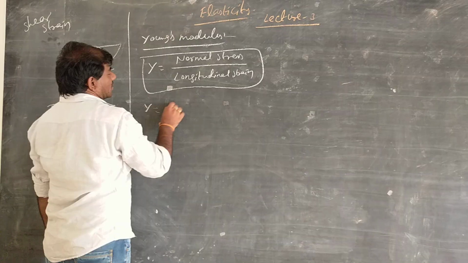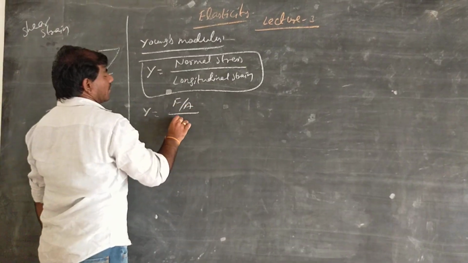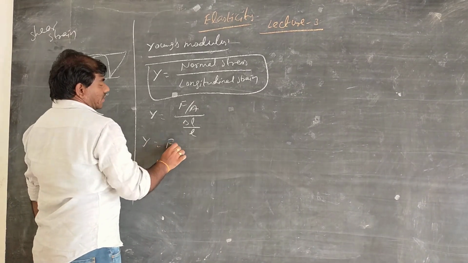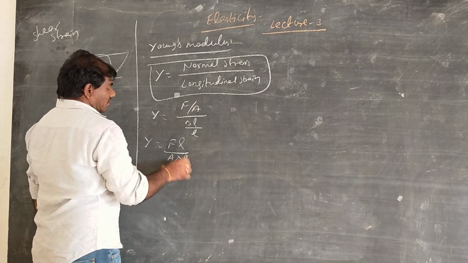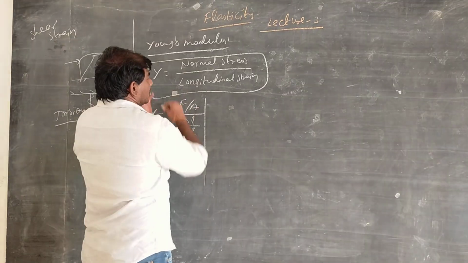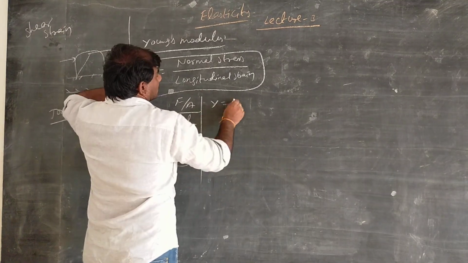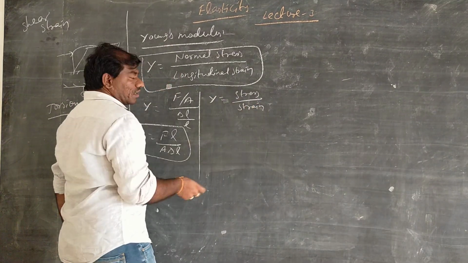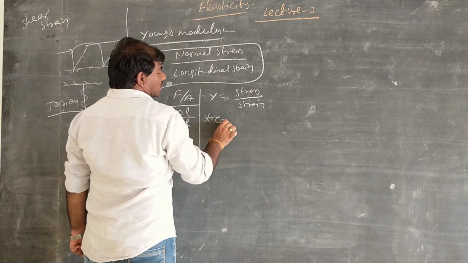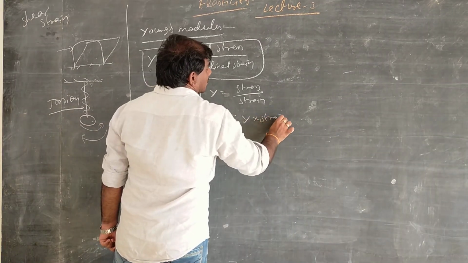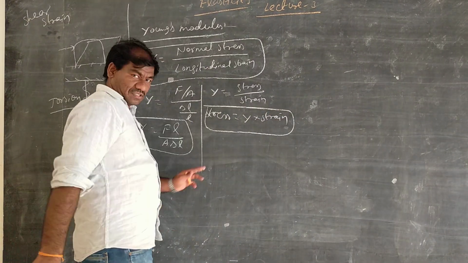Normal stress is force by area, and strain is delta L by L. So Y is equal to FL by A delta L. This is your Young's modulus. In short, Young's modulus is stress by strain. So stress is equal to Y into strain. Just remember this.